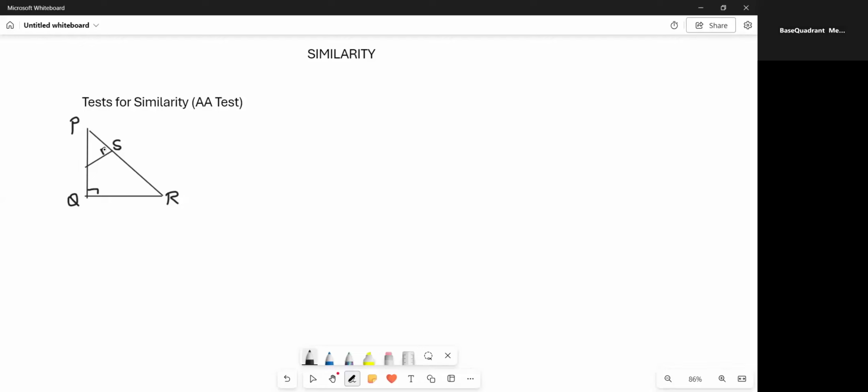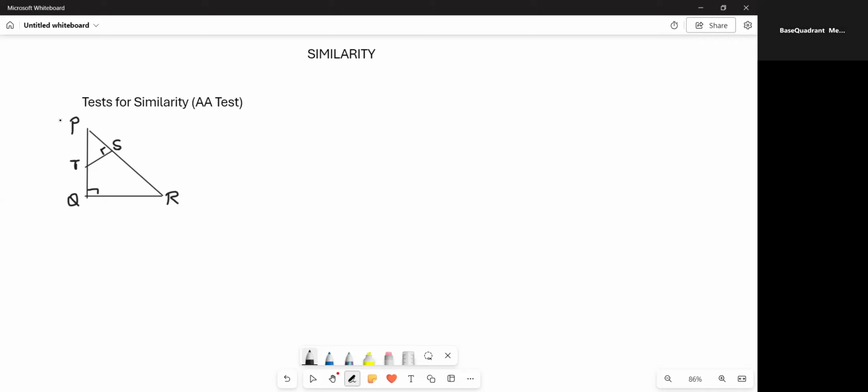Okay. In this example, triangle PQR is a right angled triangle, right? With angle Q having 90 degrees. And in this, you draw a perpendicular. Let's call the perpendicular TS. ST is a perpendicular down from T to the hypotenuse PR.